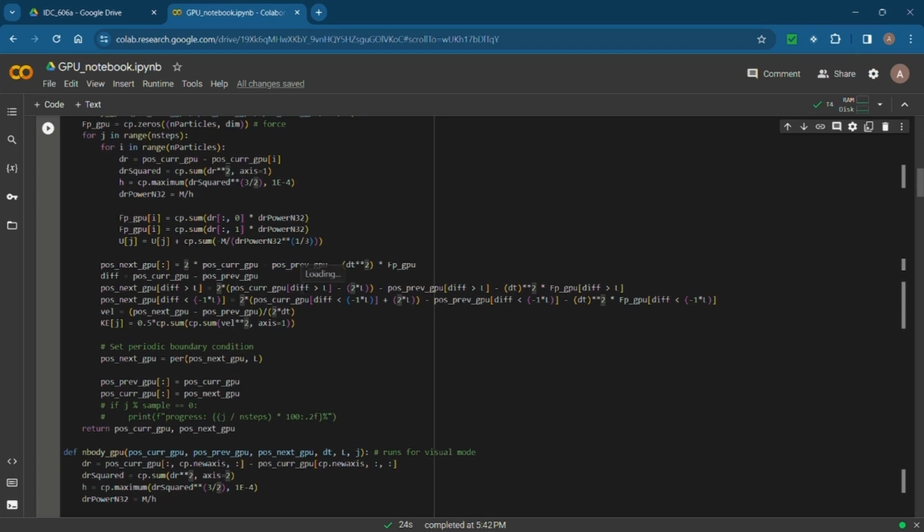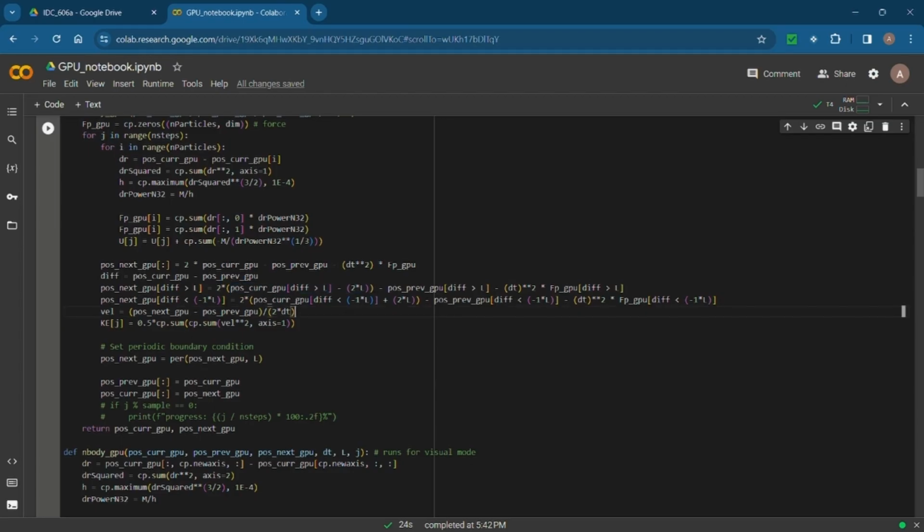We subtract 2 times L, meaning the box size 20, from the current position and recalculate the next position. We are sending the particle back to wherever it crossed the boundary, and then calculating the next one.